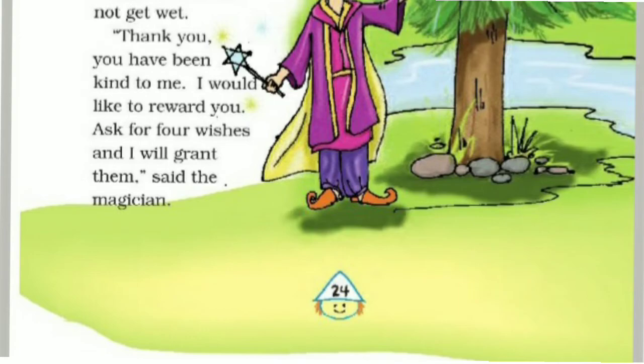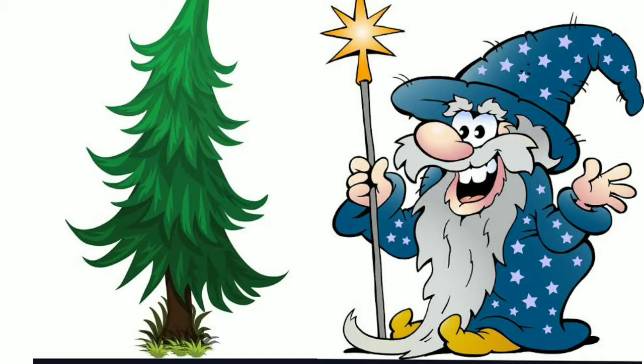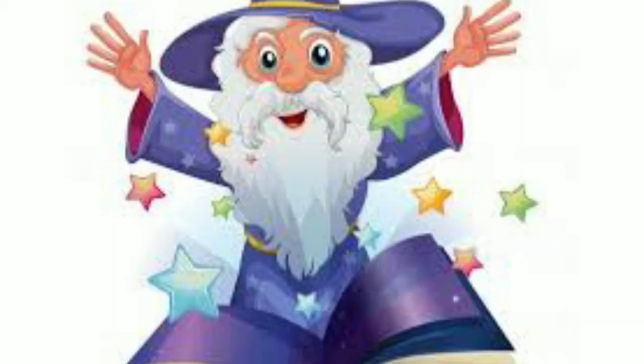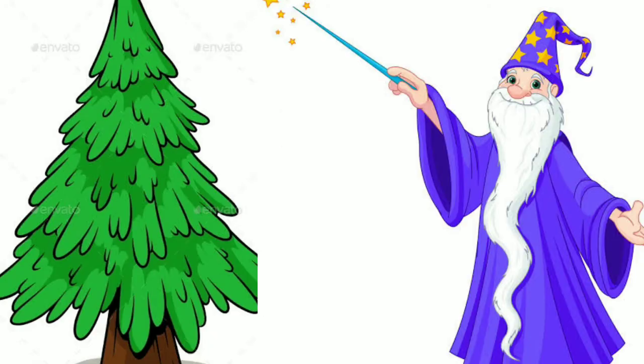See, in the third paragraph, the magician was very happy and thankful to the fir tree. And he decided to give a reward to the fir tree. Why was he happy? Because the fir tree provided him a shelter.